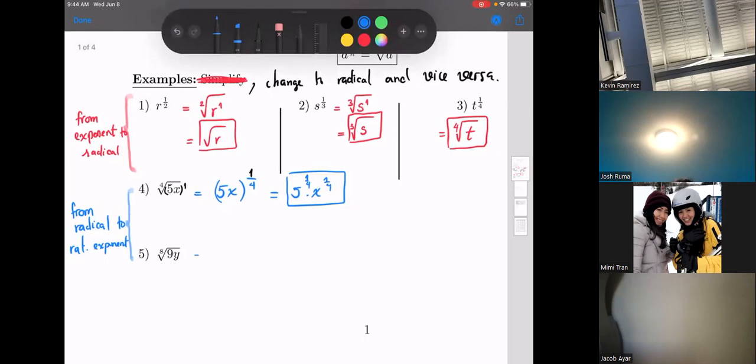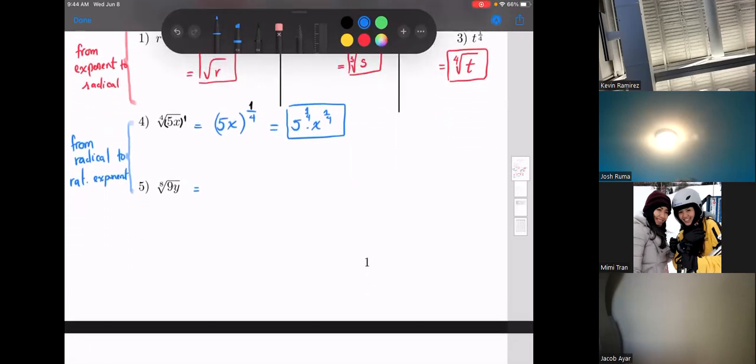So if I change the first step first, 9y to the 1/8, and then you distribute, 9 to the 1/8 times y to the 1/8. Now on the exam, I see this a lot without the parentheses, and then people forget. They just distribute the 1/8 to the y, but forget to distribute to the 9. So make sure you put parentheses.